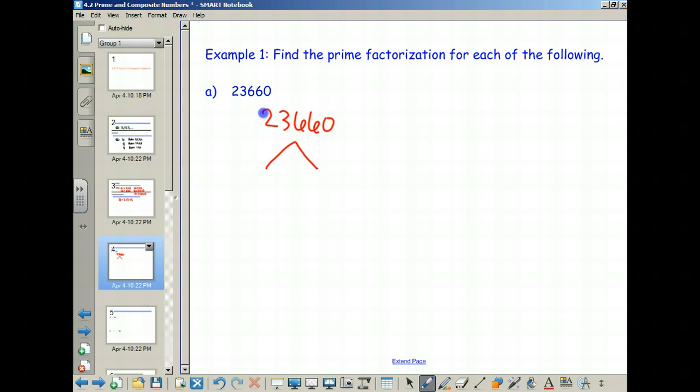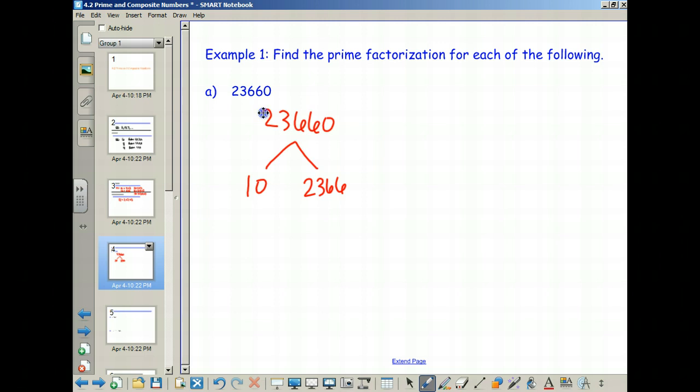So with a factor tree, you have a lot of flexibility, right? You can pick any 2 numbers that multiply together to give you this. So somebody pick a number that you know that's going to divide this. 10 is really nice, and we know it's 10 because it ends in a 0. So if I put a 10 here, what do I do next? And then I keep going.